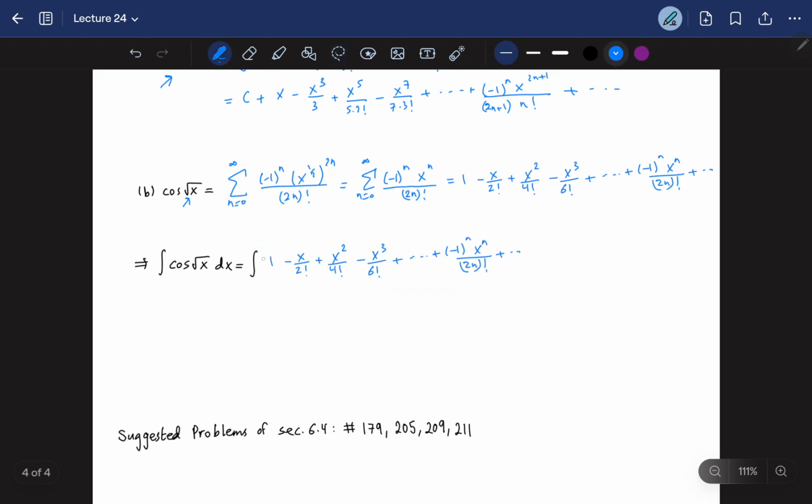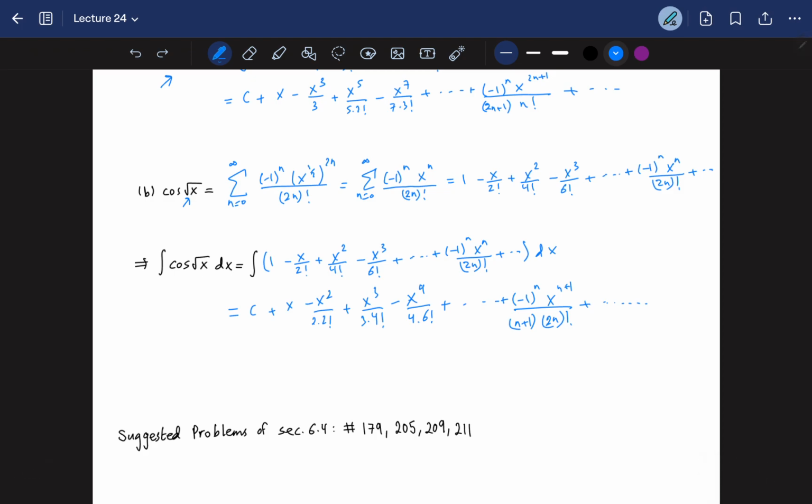So here, let's integrate it. C plus x minus x squared over 2 times 2 factorial plus x cubed over 3 times 4 factorial, and then you can do it for the nth term. And that would be your integral. And obviously you can write it as a sum and simplify it more.